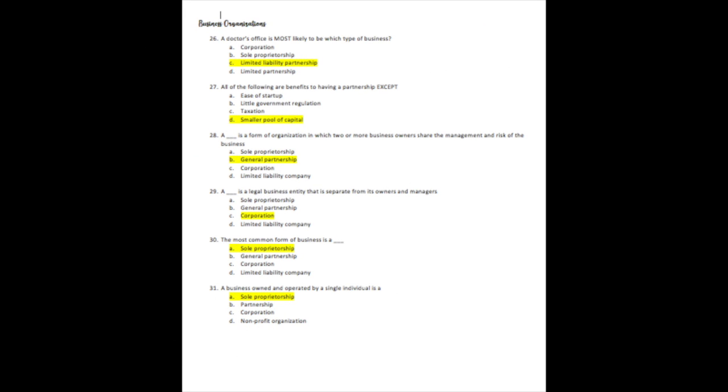Alright, the last section is business organizations. Look over those business organizations. The answers are on Schoology for the study guide. Please know the difference between a partnership, a general partnership, a limited partnership, and a limited liability partnership. Know what a corporation is.